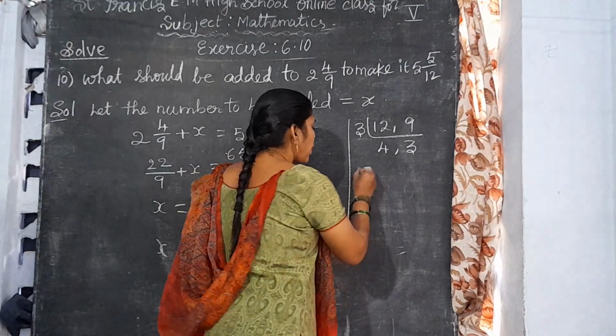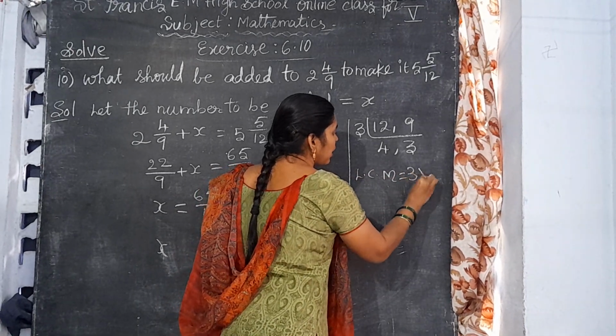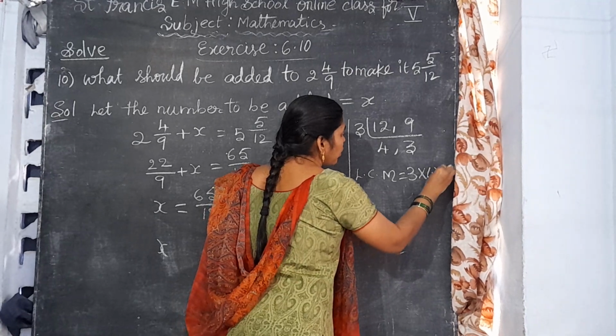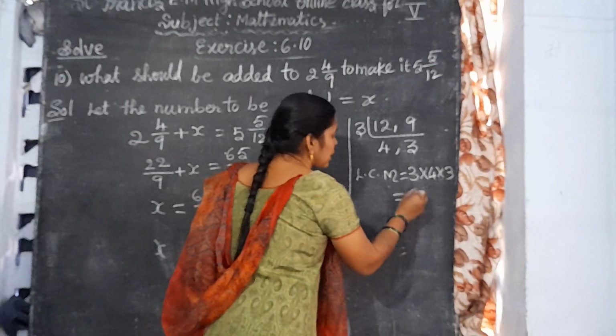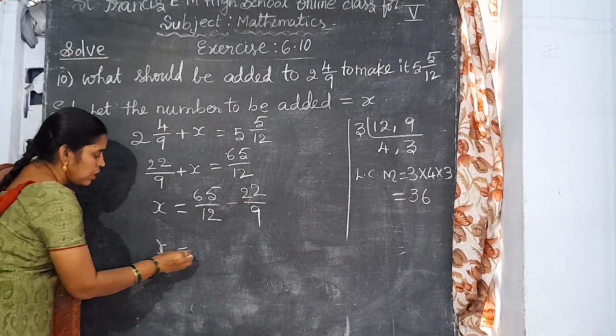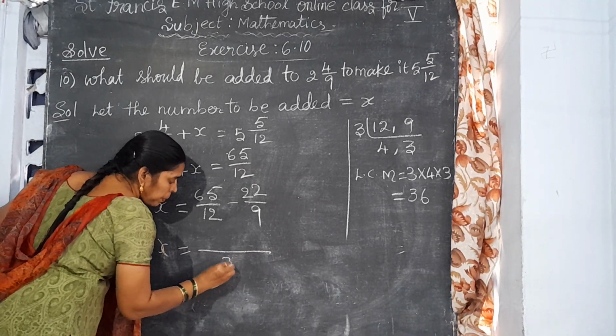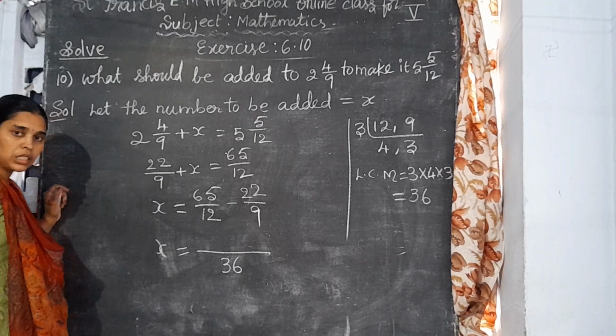No. So what you have to do? You should multiply the outside numbers. 3 into 4 into 3. 3 4s are 12. 12 3s are 36. So what is the LCM here? 36 is the LCM.